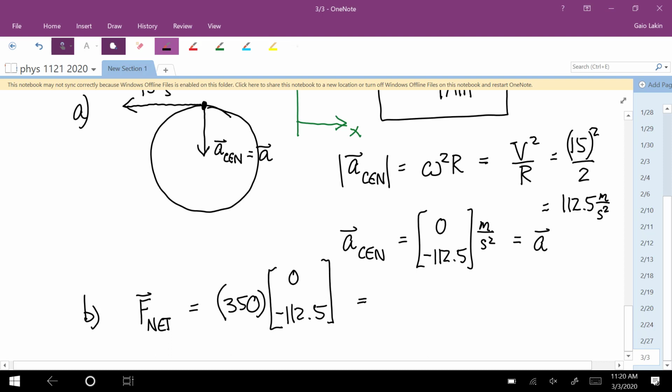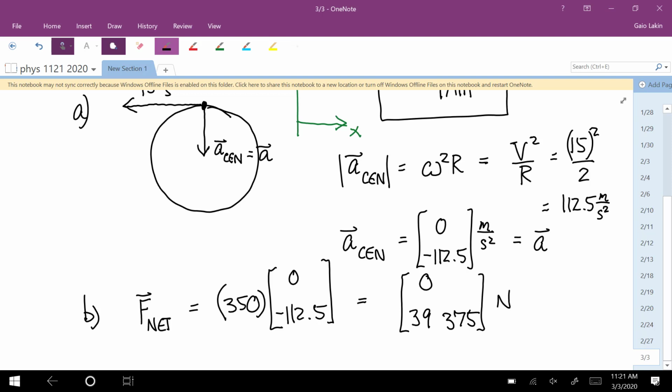Can someone multiply those for me? So 350 times 112.5. 39,375 newtons. Okay, so that's the total force.